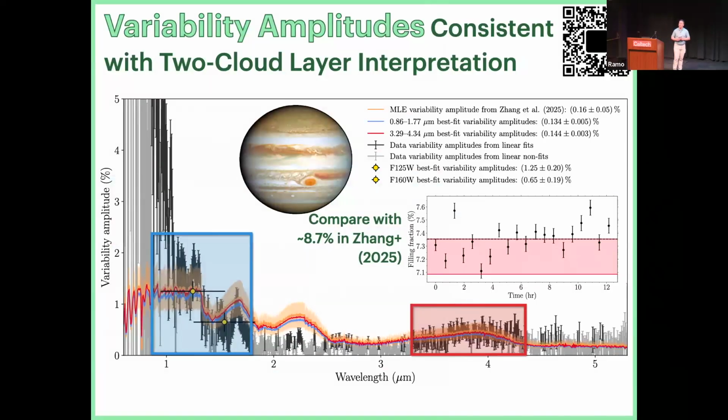If you look at a paper such as that authored by Zijie Zhang that came out early last year, who used HST photometric variability to argue that this cloud modulation is the most consistent picture, of course in silicates, unlike Jupiter, our results seem to at least be consistent with that.